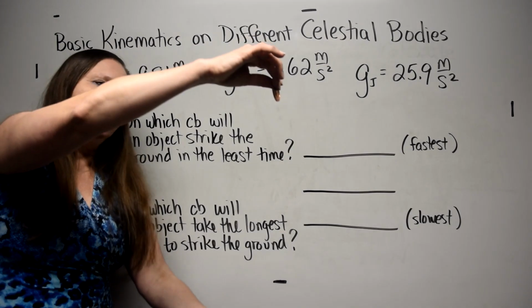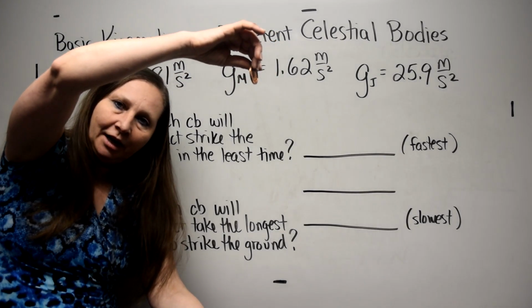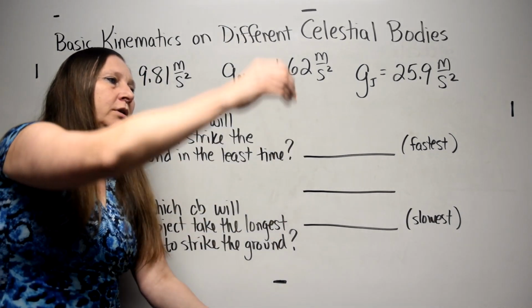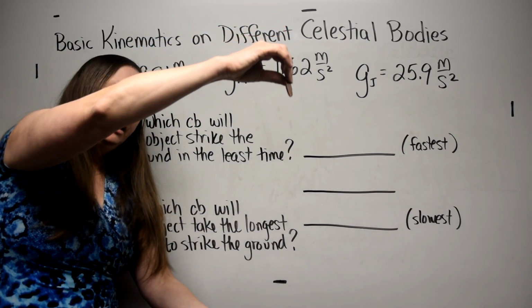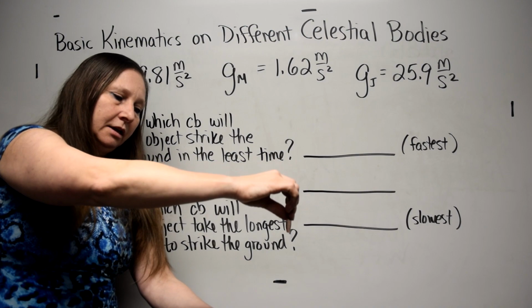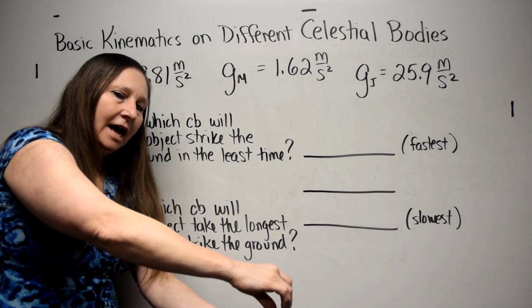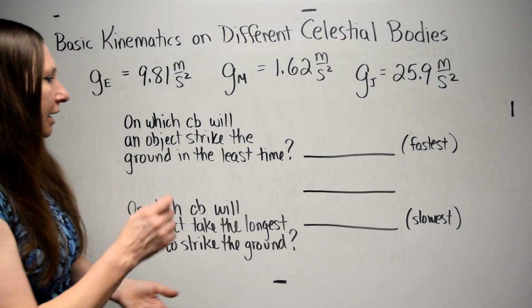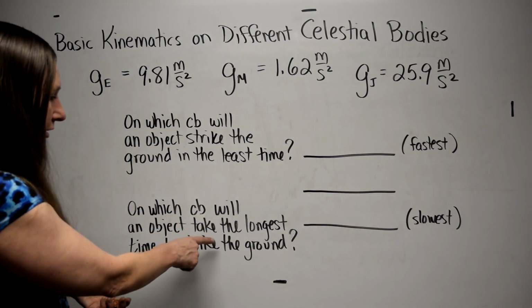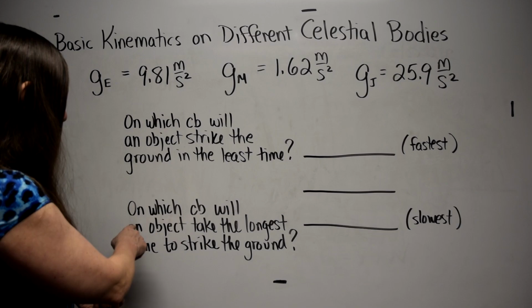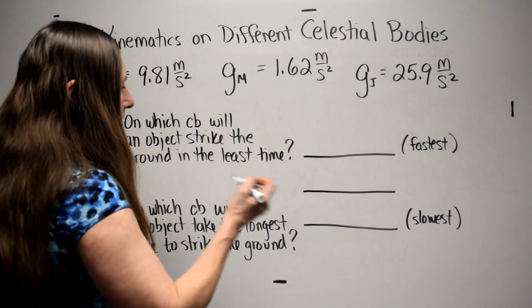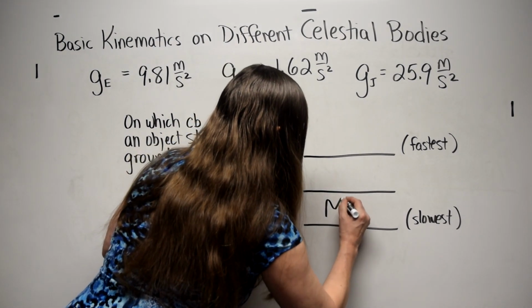All right, so if on the Earth it's like that, then on the Moon maybe it's something like that. The Moon is not as strong. It's going to take longer. On which celestial body will an object take the longest time to strike the ground? All right, so let's put the Moon here. The Moon is going to be the slowest.